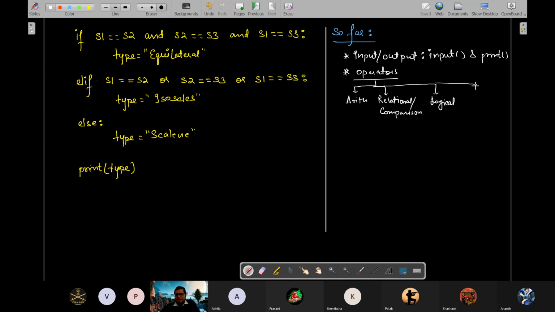We have also seen augmented assignment operators. ठीक है, तो such things we have seen. और भी कुछ operators बचे हैं जिसको will cover in times to come. ठीक है, उसके बाद we have also seen the concept of variables and data types.